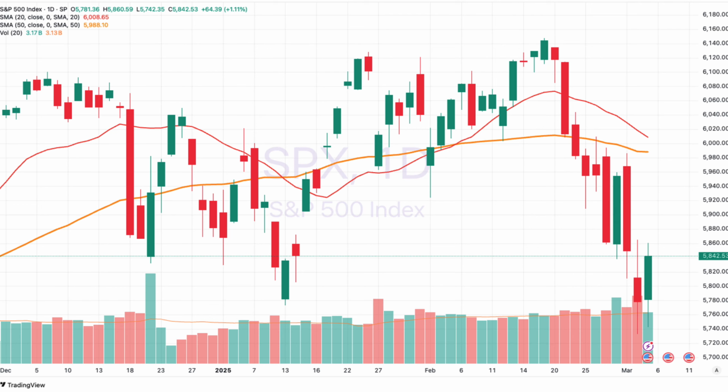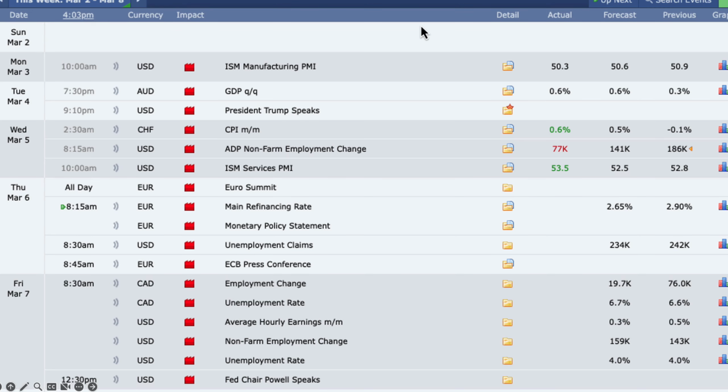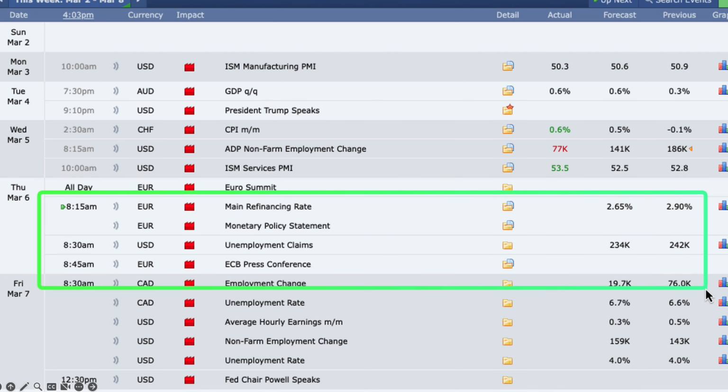Now, looking at the news events, we have the ECB rate statement tomorrow. They're expected to cut rates. Clearly, the Euro is doing its own thing. It's not really moving along the lines of what the ECB is going to do, but we'll see what happens with the Euro tomorrow.